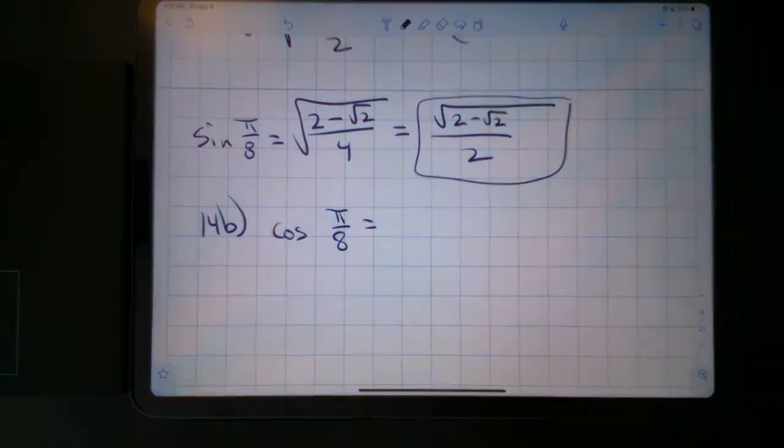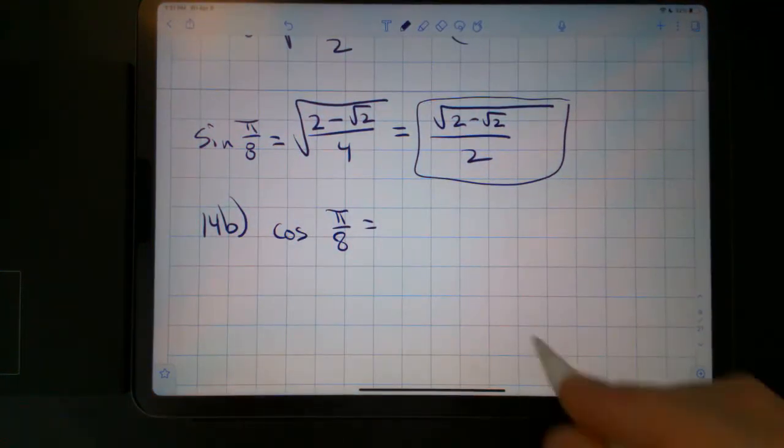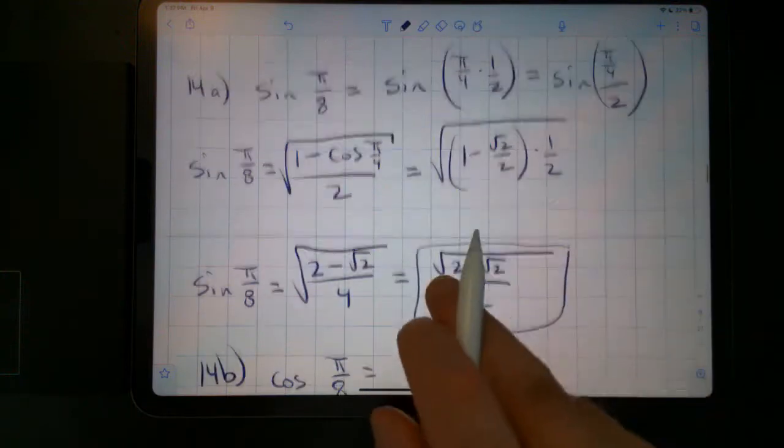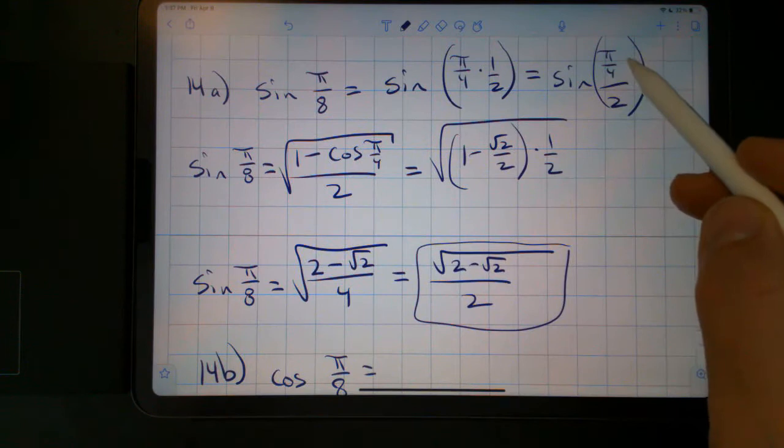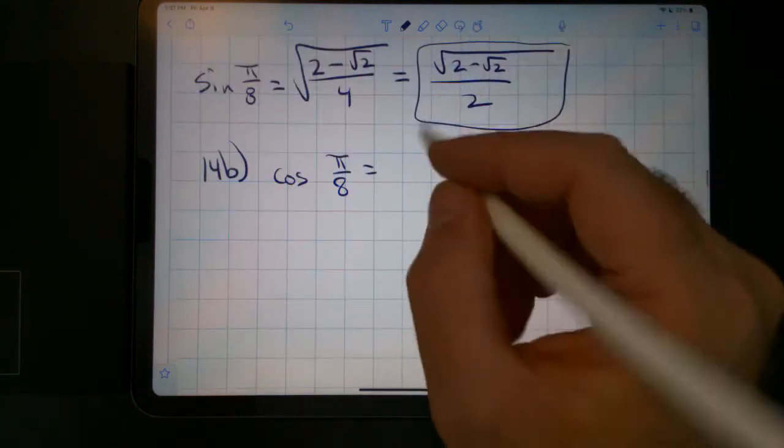Hello. So here we have cosine of pi over 8. Just as before, this is going to be cosine of pi over 4 divided by 2.